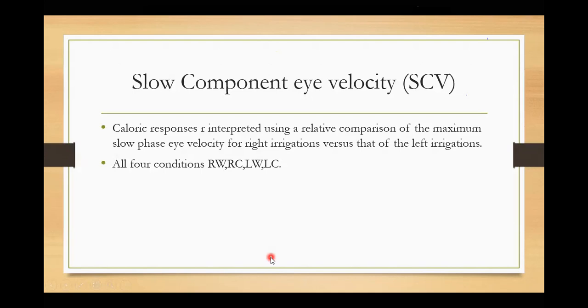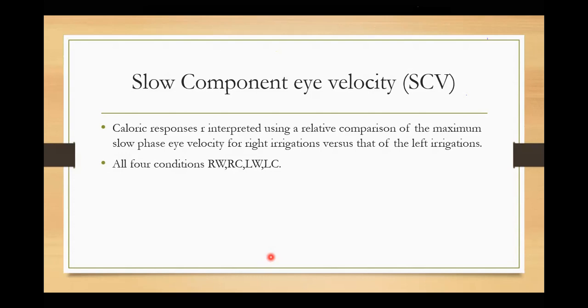Okay. So what I previously told you, that we will measure slow component eye velocity, right? This caloric response is interpreted mainly with the help of this SCV, slow component eye velocity. And it is also called SPV, slow phase velocity. Okay.